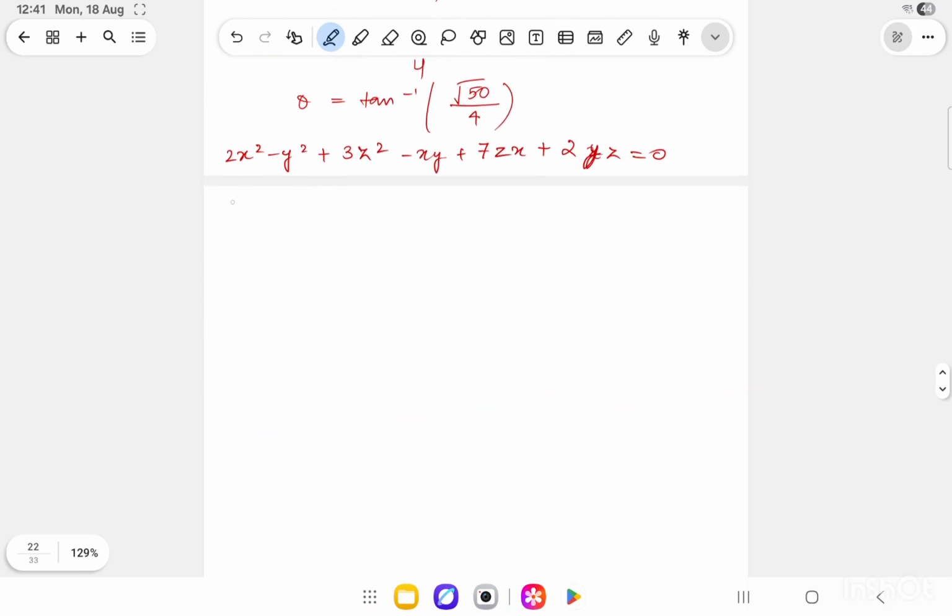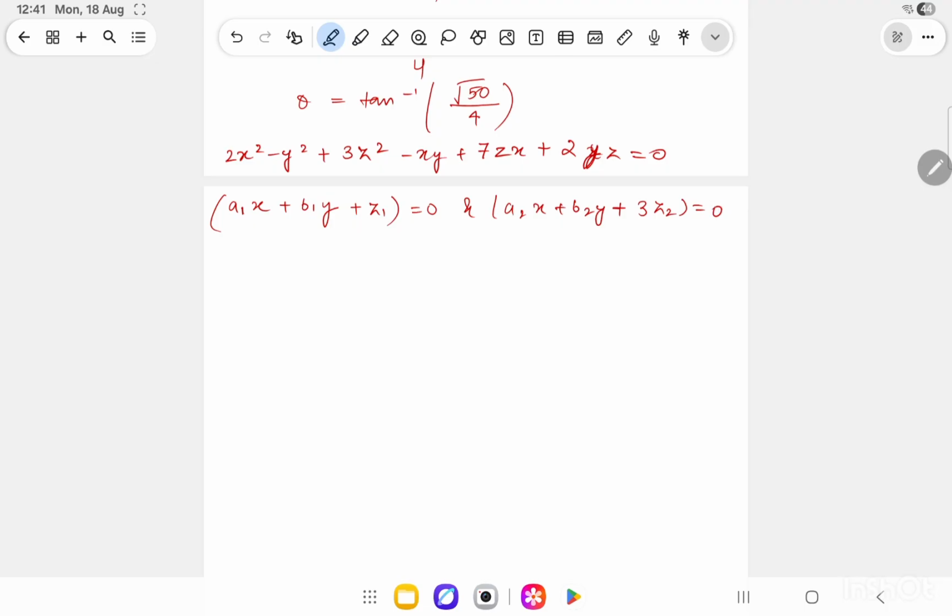So let us assume two equations of plane a1x plus b1y plus c1z equals to 0 and a2x plus b2y plus c2z equals to 0.